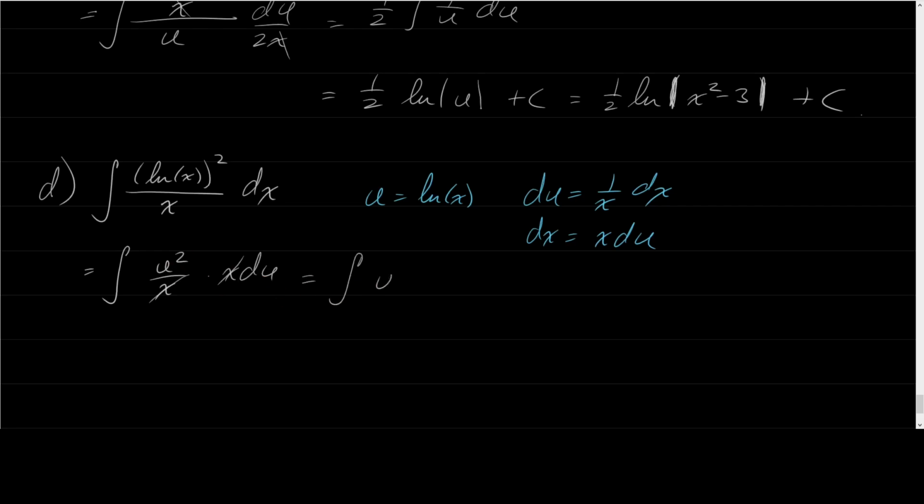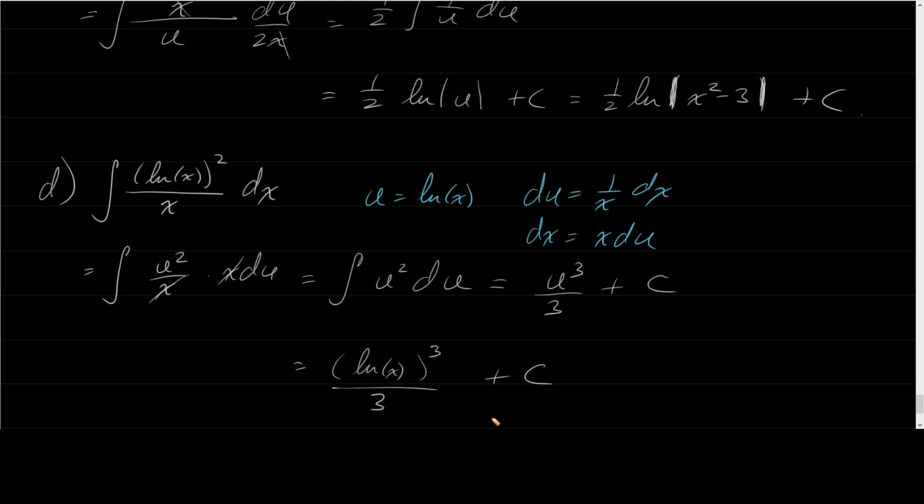So we have just the integral of u squared du, and we know what that becomes: u cubed over 3. Add 1 to the exponent, divide by the new exponent, plus c. But we know that the problem was not about u, it was about ln of x, and that's to the third power, plus c. All right.